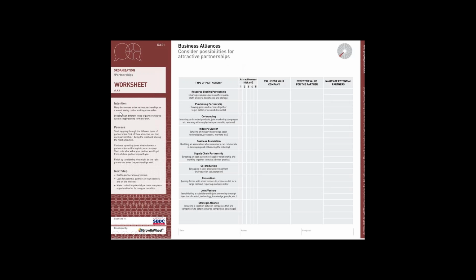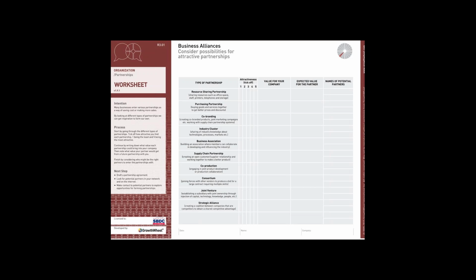And your intention over here is why you would work on this with this checklist. Many businesses will be looking to save cost or make more sales, but you also may want to advocate in your industry. So you want to look at the different types of partnerships you could have to get inspiration. We're going to go through these briefly.